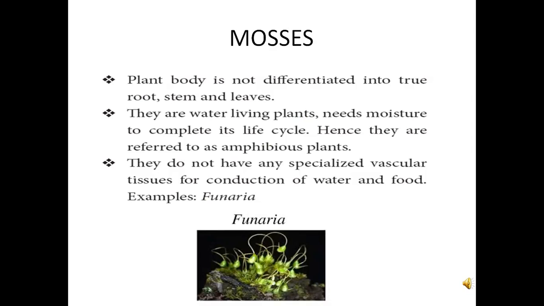They do not have any specialized vascular tissues for conducting water and food. For example, Funaria. Funaria is an example of mosses, that is, plants that do not produce seeds.